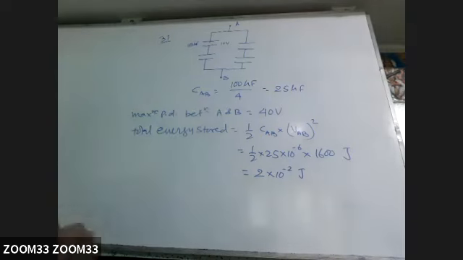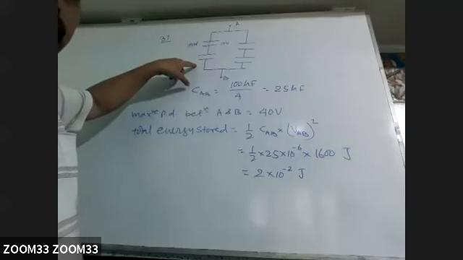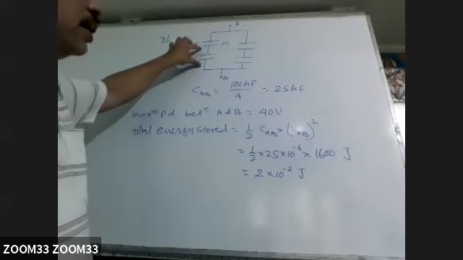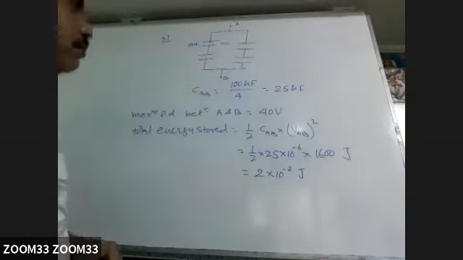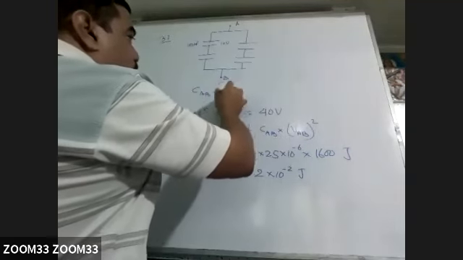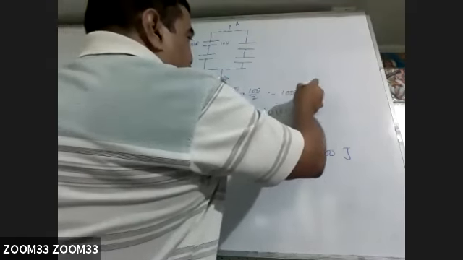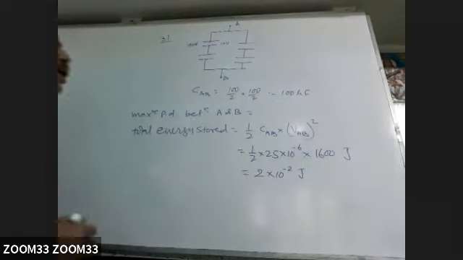So now what will be the equivalent capacity? 100 only, I guess. So these two are in series, 100, 100 in series, so it is 50. This one is also 50. So it is 100 by 2 plus 100 by 2. So 100 microfarad.